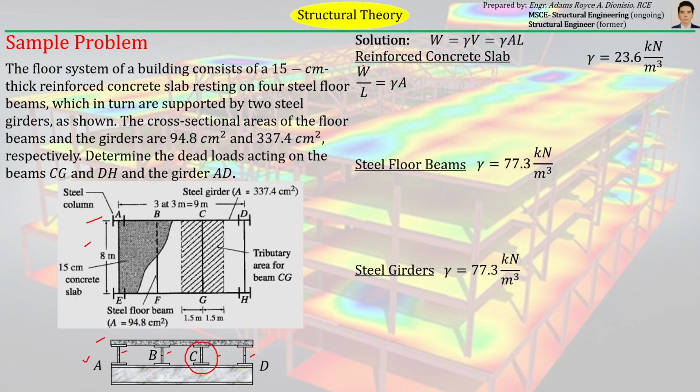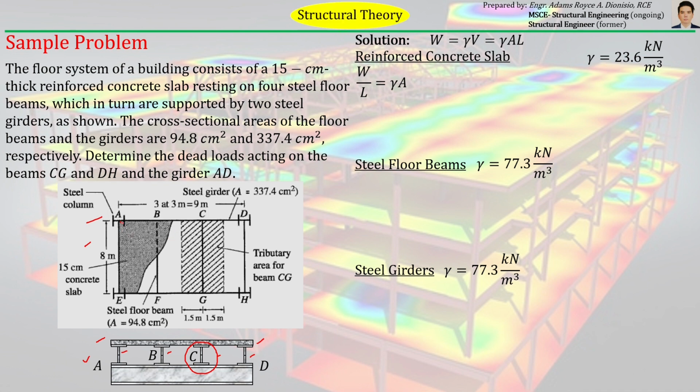Okay, so we will start the computation with the concrete slab. For problems similar to this, usually for us to find the magnitude of the load being transferred from the concrete slab to the supporting beam, we usually use the tributary area method. Okay, so according to the tributary area method, if the slab panel is one-way slab, so check muna natin kung one-way slab yung mga panel natin dito. When I say slab panel, it is the slab portion that is fully supported all throughout by beams or girders.